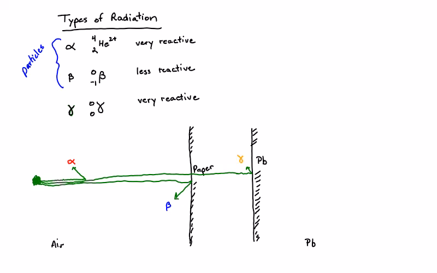So what we say is that gamma radiation has the greatest penetrating power, whereas alpha radiation would have the least penetrating power. And then the beta radiation will be somewhere in the middle there.